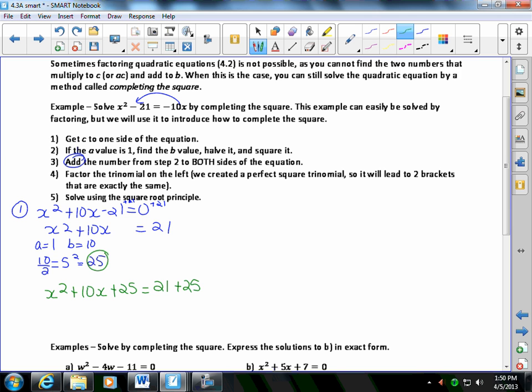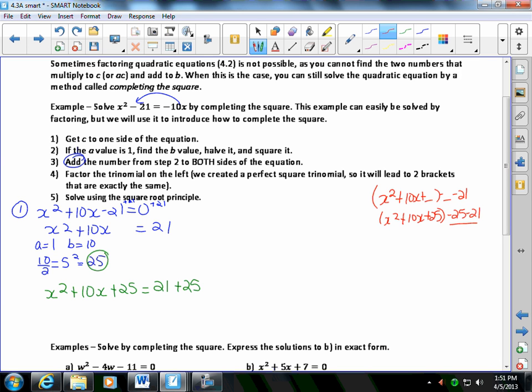So what I did before, and I'll just do it over here, I did x squared plus 10x, and then I went plus blank minus blank, and then I would have had a minus 21. And then if I continued with that, I would have x squared plus 10x plus 25 minus 25 minus 21.